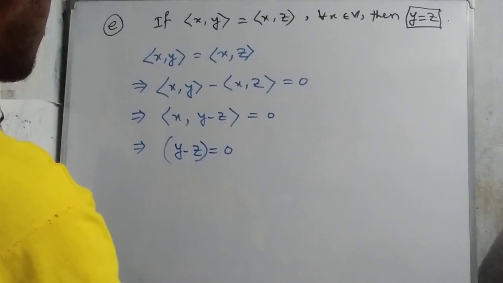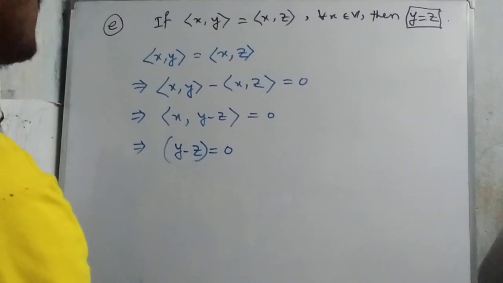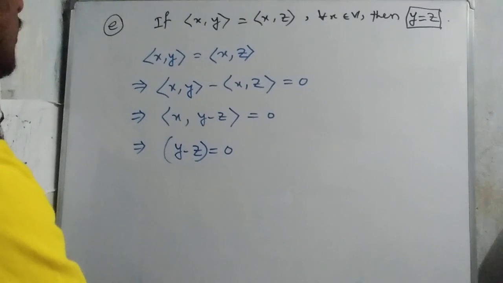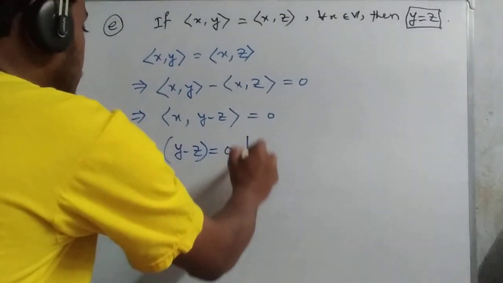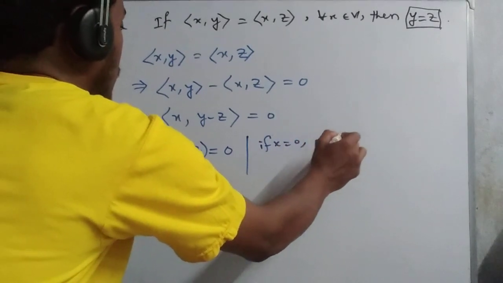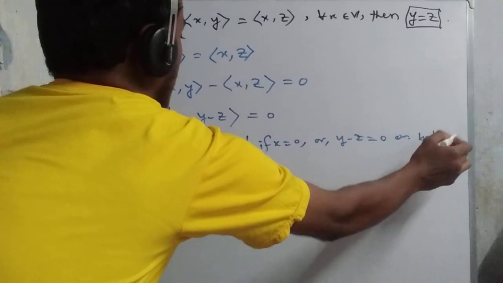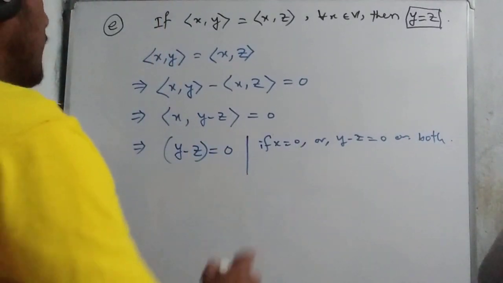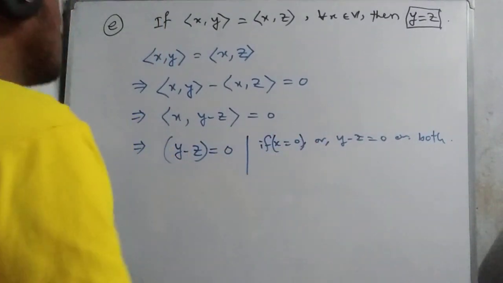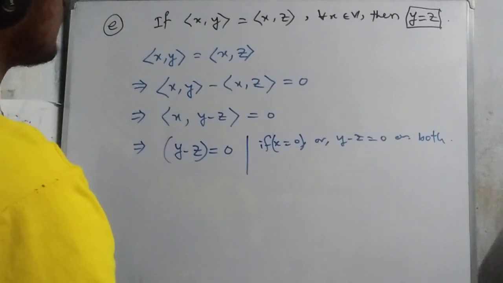And if both are 0, then this is possible. So x, not a problem at all. But this holds if x is 0, or y minus z is 0, or both. If x is 0, then this is trivial, not a problem at all.